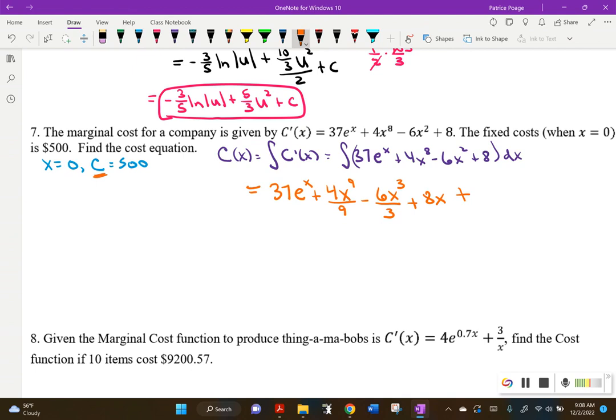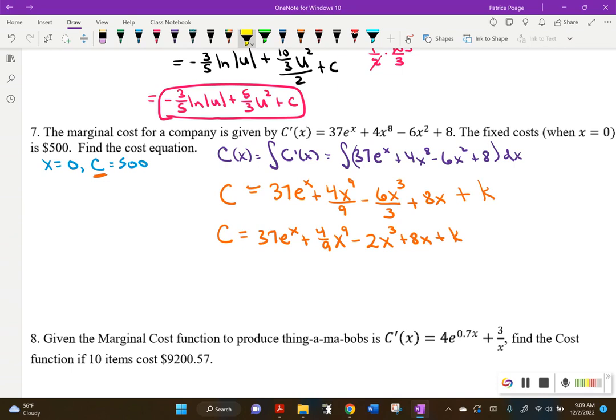Since I already have a c here, I'm going to just call my constant k. All right. So cleaning it up just a tad, I'll have 37 e to the x plus 4/9 x to the 9th. Right here, I have negative 6 over 3. So that's negative 2x cubed plus 8x plus my constant.